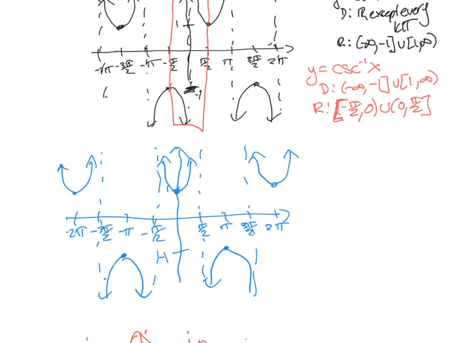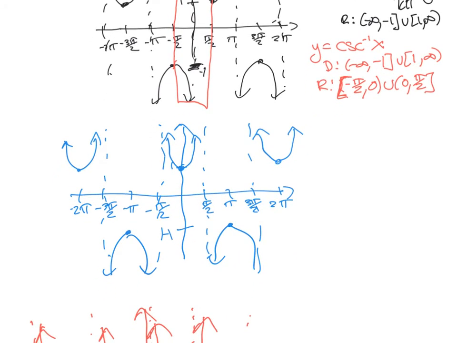All right, if we now look at this graph of secant x, let's first do the domain and range. The domain is all reals except every pi over 2 plus k pi.